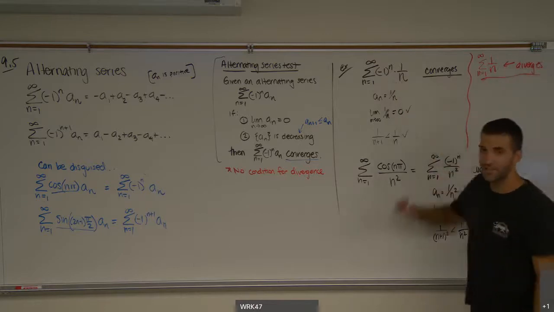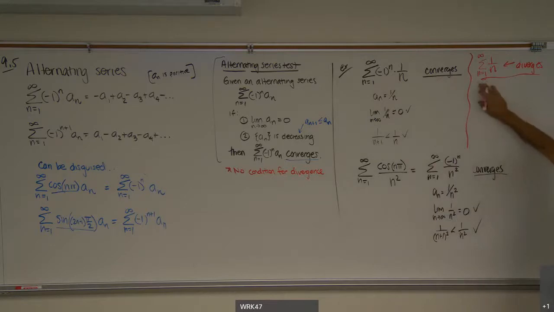So even though my alternating series converges, without that alternating piece, it would have diverged. In this case, if you look at this series without the alternating piece, 1 over n squared, that actually converges.